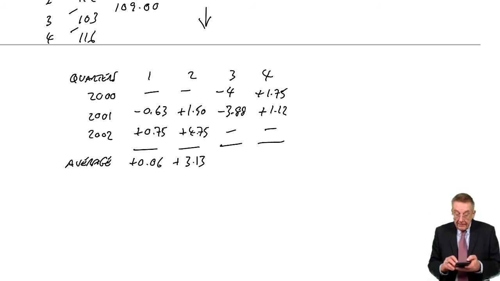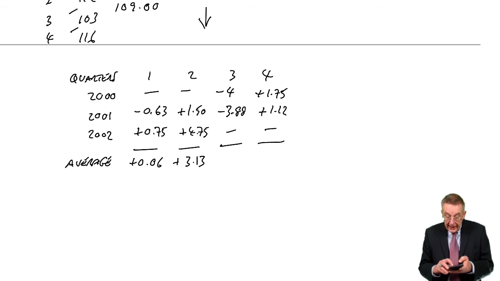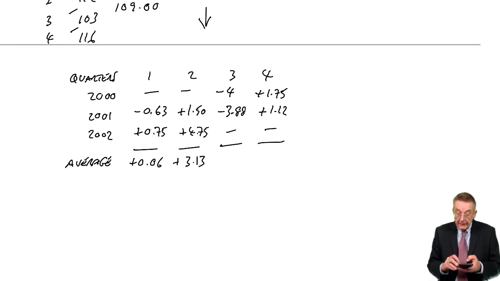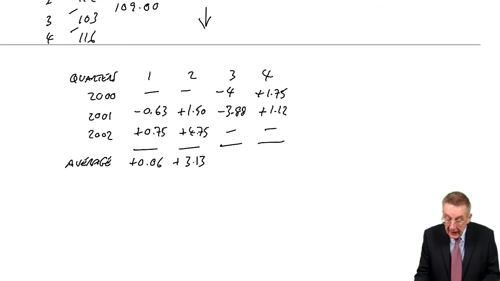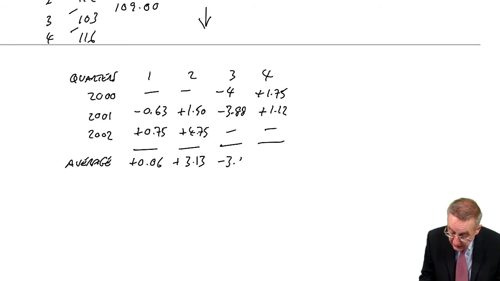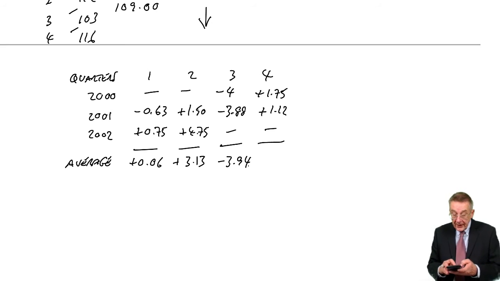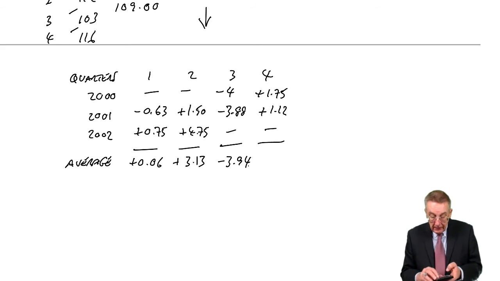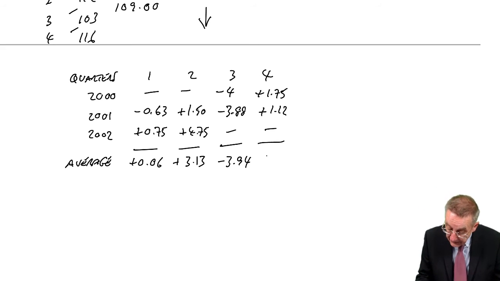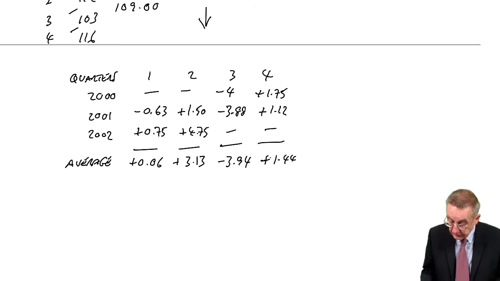Quarter 3, minus 4 minus 3.88 divided by 2. The average is minus 3.94. And finally, quarter 4, 1.75, 1.12. The average is plus 1.44.